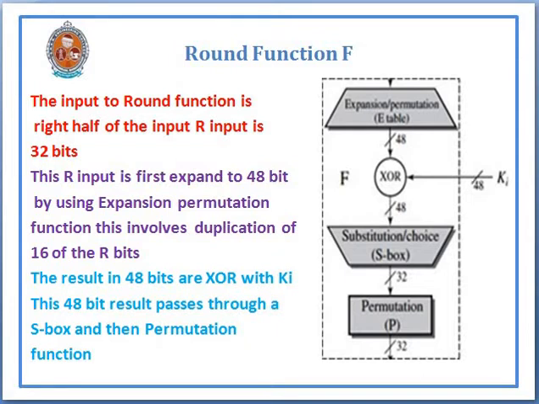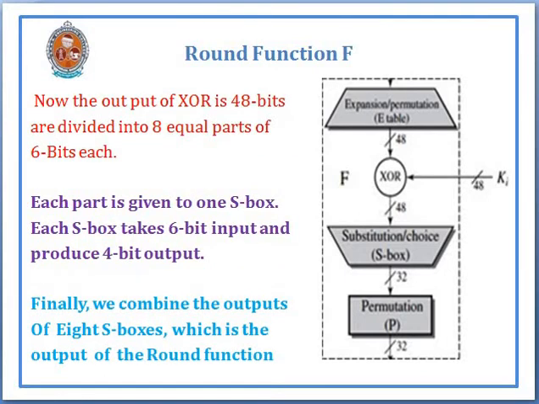The output of XOR is again 48 bits, and these 48 bits are forwarded to S boxes. In DES algorithm we have 8 S boxes in each round. The output of the S boxes is 32 bits, and these 32 bits are permuted together to get another 32-bit output. And these 32 bits are known as the output of the round function.